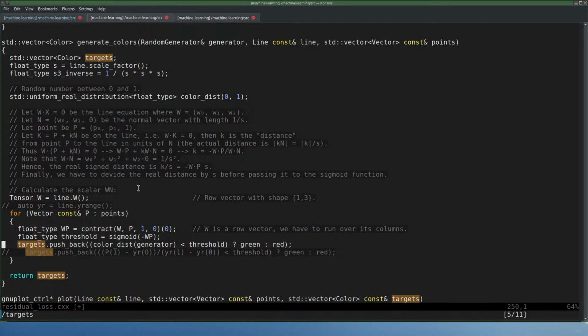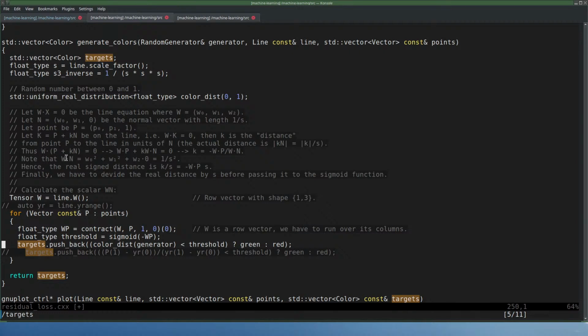Finally, we have to divide the real distance by s before passing it to the sigmoid function. I'm afraid there's just a minus sign missing in this line here. But why? The sign of k. I think the problem here is that I went from p to the line instead of the other way around.